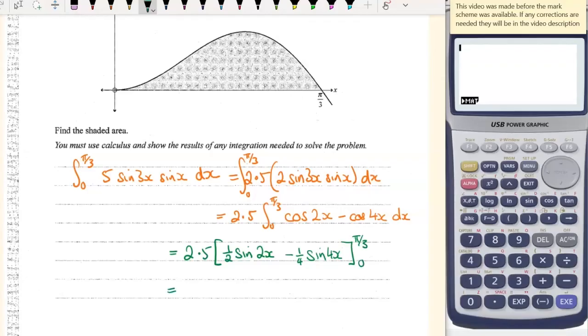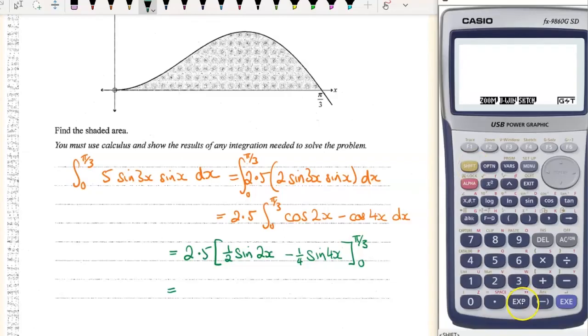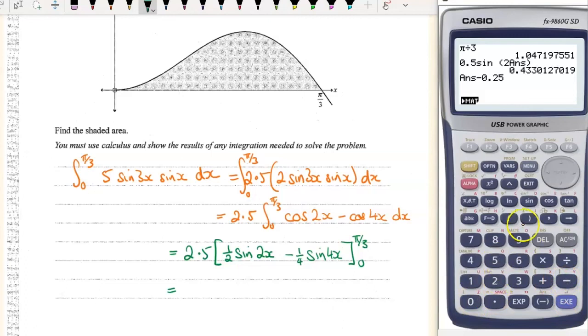Okay, so if I put pi by 3 in as our answer, first of all I'm doing 0.5 sine of 2 times that. Let me just pop some brackets around there just in case. And then we're going to minus a quarter sine of 4 times pi by 3.